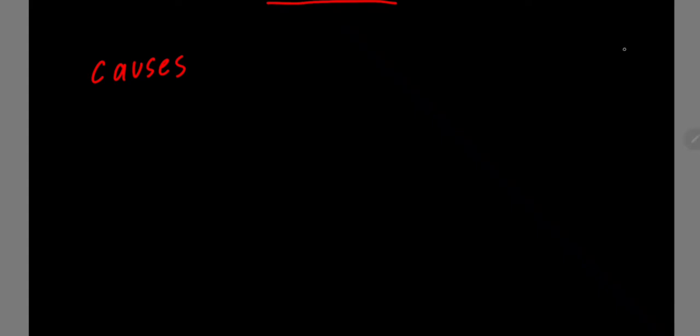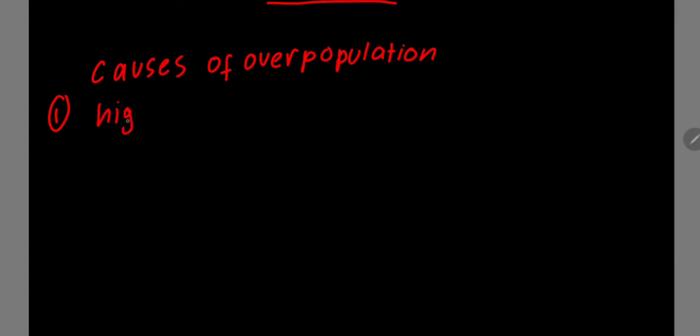So you should be well versed with these factors. So the first cause of overpopulation is high birth rates. Now you're going to have to know the causes of high birth rates as well, because you need to be able to expand your answer, not just give a single statement or a phrase.